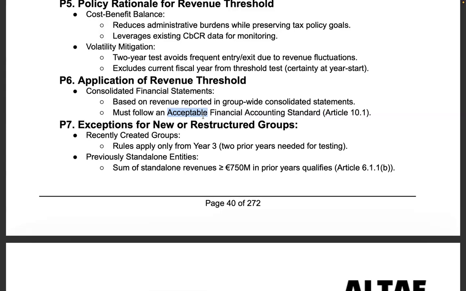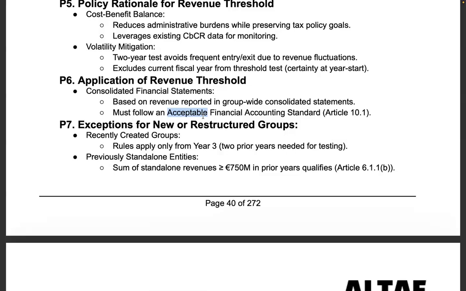But it's not only the US. If you go to Europe, in a number of countries, you would find that they have slightly different versions of their financial reporting standards. So it was needed that there should be a harmonization and standardization of the financial reporting under the BEPS Pillar 2 framework.